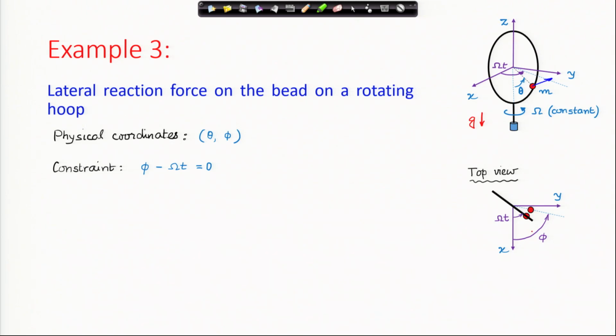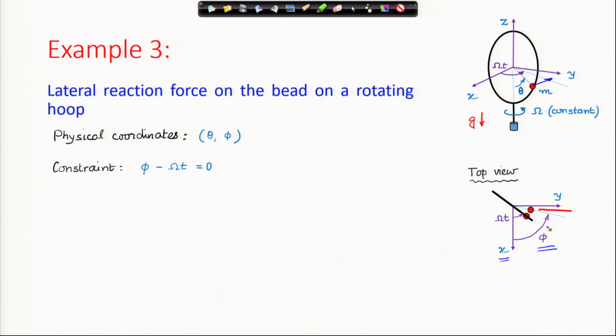In this figure, where I show the top view, I have allowed the bead to move out of the hoop, and I call that coordinate phi. I allow the bead to move laterally out of the hoop, and that coordinate is an angle measured from the x axis, which is fixed; x y z is a fixed coordinate system.